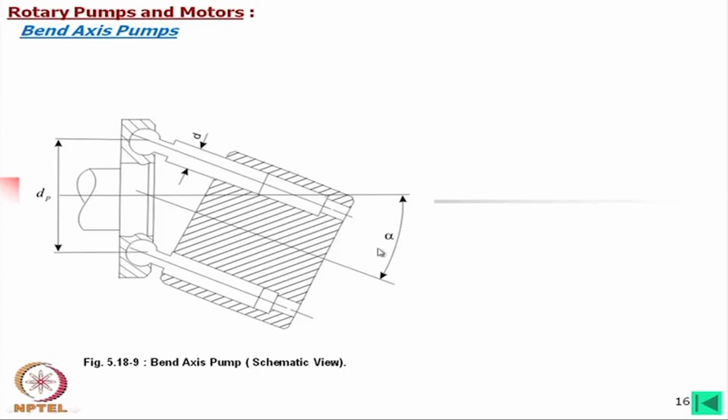However, this is expensive due to two reasons. One is that in a bent axis pump the shaft is rotating horizontally, so we have to make some arrangement so that it can be rotated in these directions. We have to use some sort of universal joint here, that is one. Second is the valving problem, because this is moving on the valve plate.